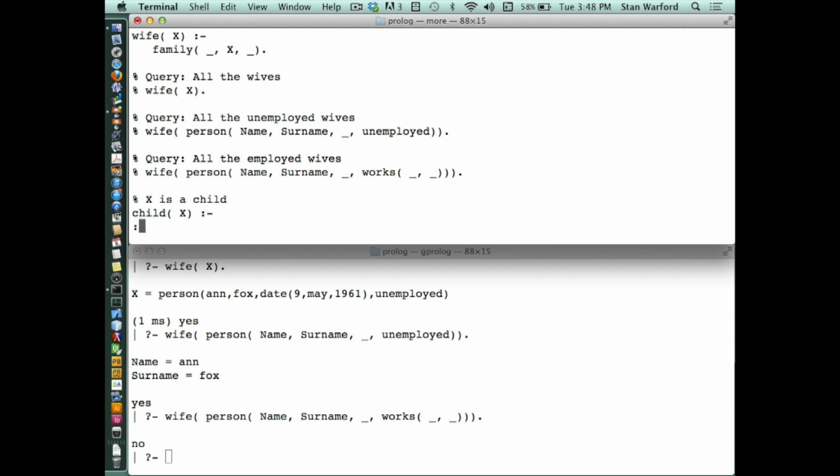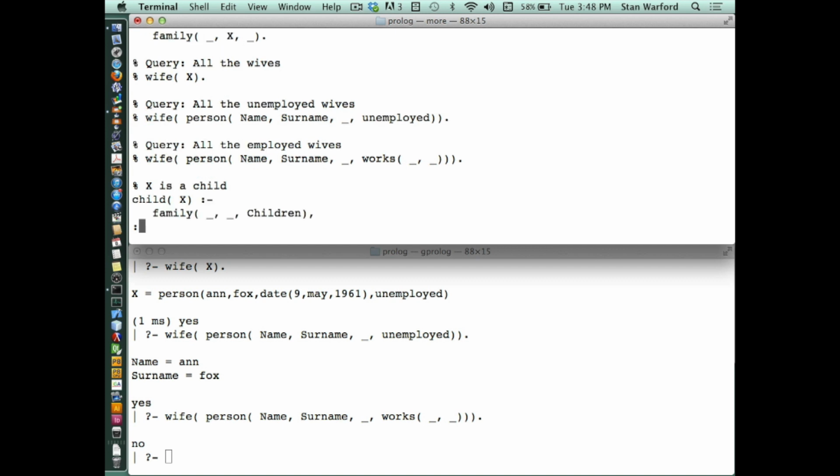Matching anything for the husband and wife. And then what? Why don't we just make the next one be a variable? And what will it match to? A list. Are you with me? Okay, so family, blank, blank, capital C children. That's a variable that's instantiated to the list. And now what?